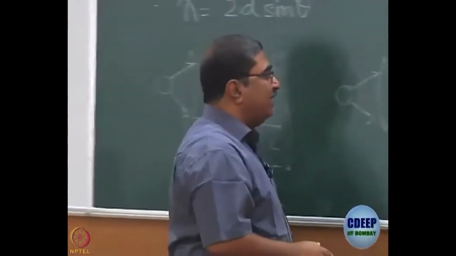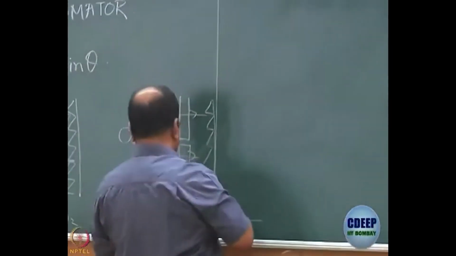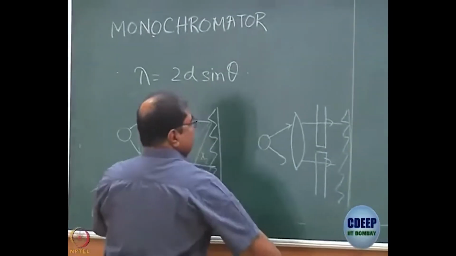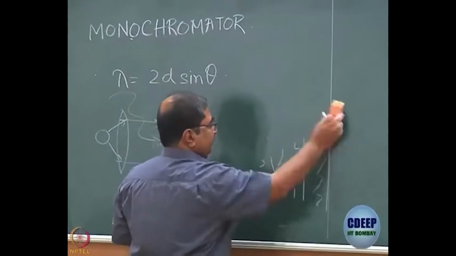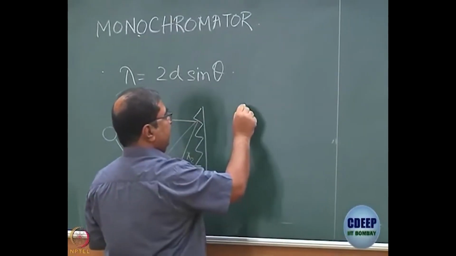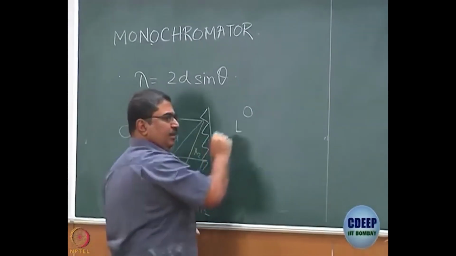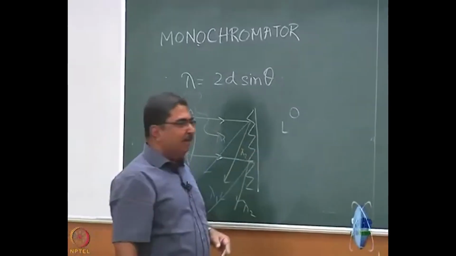Okay. So, the right arrangement would be not this, but something like this. L for lamp, L for light.